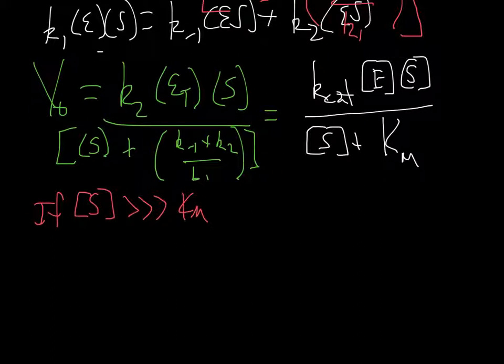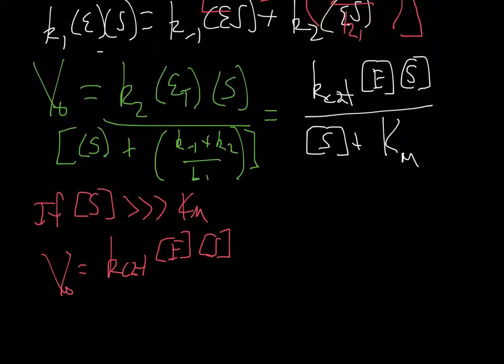So, which I mean, that's technically for those who are math sticklers, we're talking about the limit as the concentration of S approaches infinity. So what happens there is we're still going to have, obviously, V. It's still going to be equal to K cat times E times S. Because all the stuff on the top is still the same.